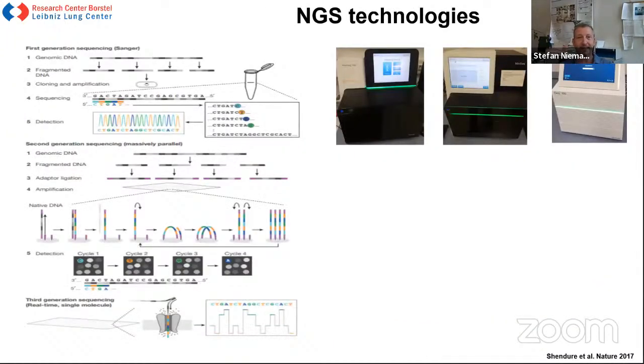So what is genome sequencing? And I'm not going through this cartoon in detail, but there are basically three major sequencing technologies, so to say, or concepts. The first was Sanger sequencing.